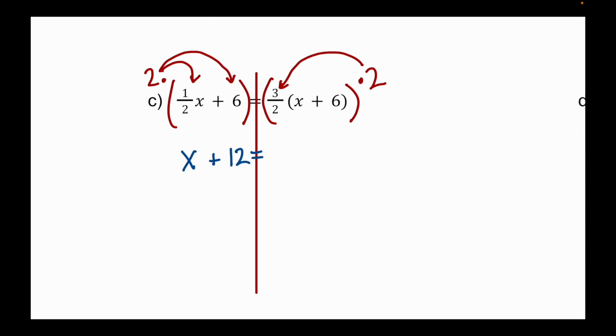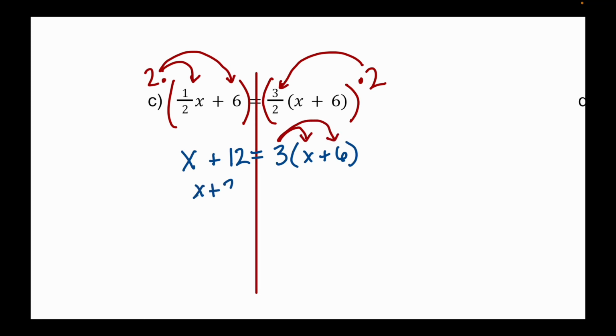Now, the 2 that we multiply on the right-hand side with the 3 over 2 is just going to cross out the denominator, and it's going to leave us with the whole number 3. So we'll have 3, and then this is what's going to multiply by x plus 6. And since that's already doubled from 3 over 2 to just 3, now that one can distribute through on its own to its other two pieces.